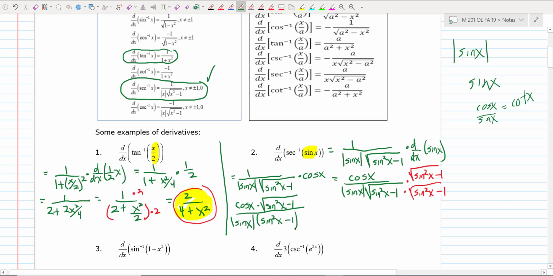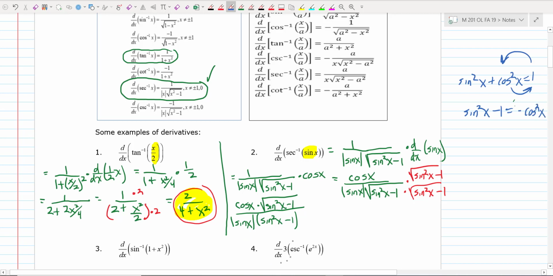So I do see one other thing that I could potentially do with this problem, and that would be you have the fundamental identity, sine squared x plus cosine squared x equals 1. Well, if I rearranged this, I would get sine squared x minus 1 equals negative cosine squared x. So I could replace this with negative cosine squared x. So let's go ahead and do that.